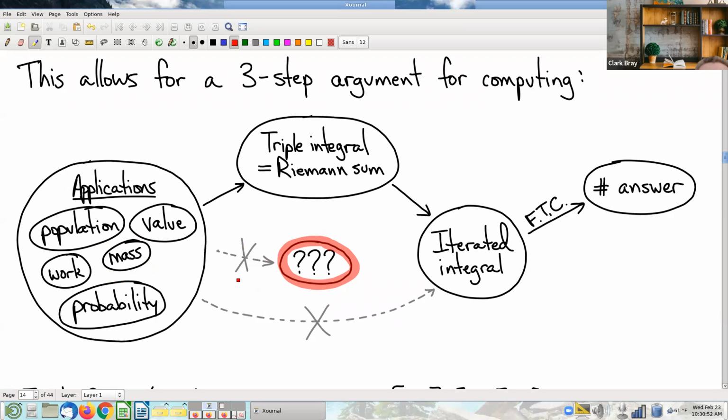And I'll further claim that you can't make a direct argument, for the same reasons as with double integrals. You can't make a direct argument, for example, of why the amount of work that it takes to accomplish a certain task must be an iterated integral, because you've got a lot of square peg round hole problems.